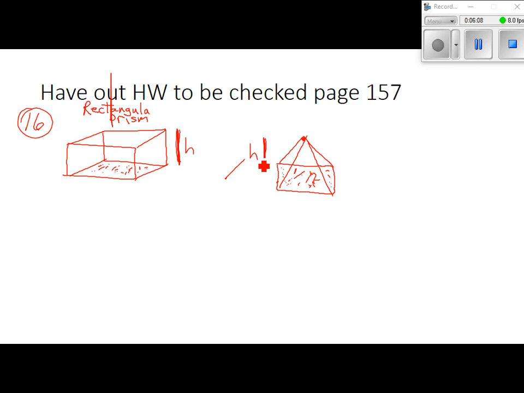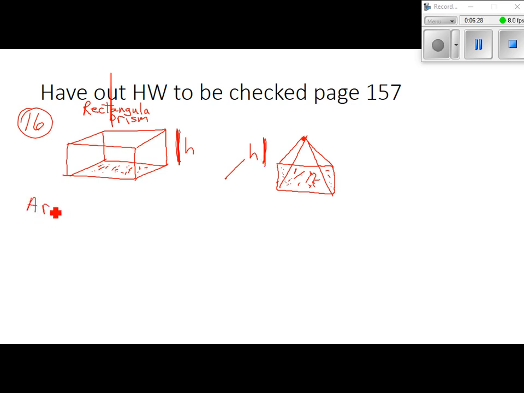What's true about the volume? How much will the prism, the rectangular prism, hold in relationship to the pyramid, do you think? It'll hold more, right? And I would probably accept that as a conjecture.